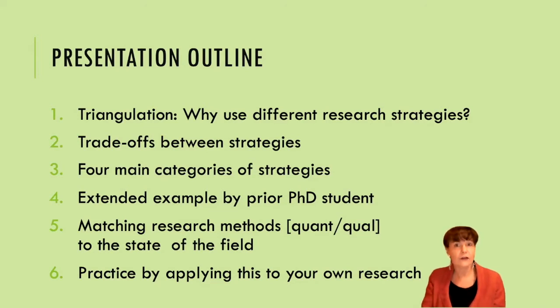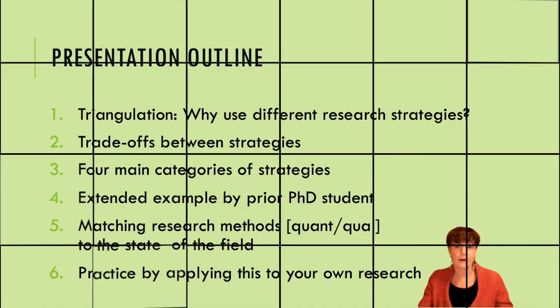I will then illustrate this with an example by a prior PhD student who had a very creative research design. Then in the final part of the session, we'll be talking about matching different research methods, quantitative and qualitative methods, to the state of the field. We will obviously, during the session, practice all of this by applying this to your own research topic.